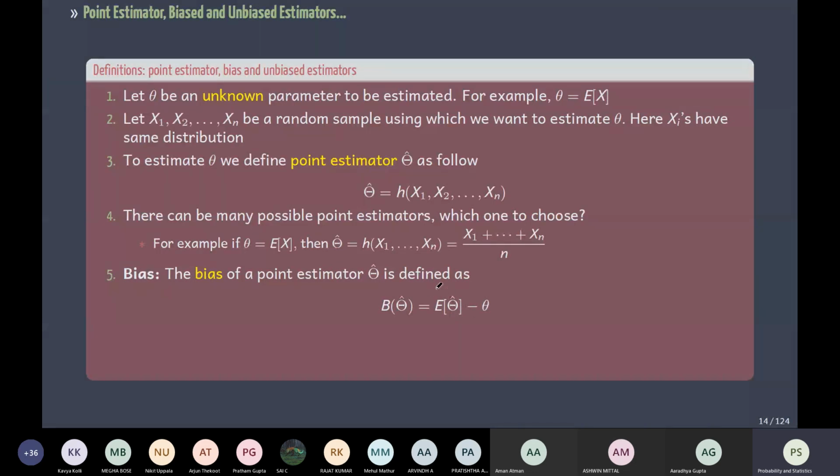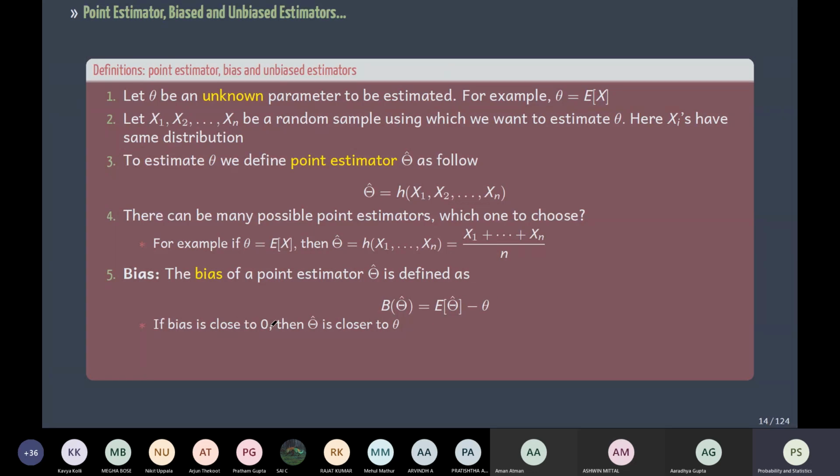So what do you expect from your theta hat, your point estimator? Is it matching the quantity that you actually wanted to estimate? On average, does your estimate hold good? What do we interpret from here?